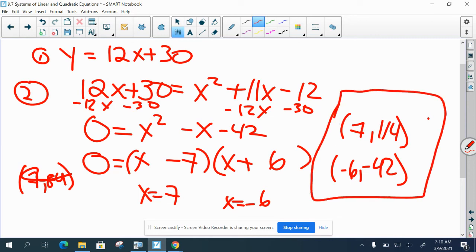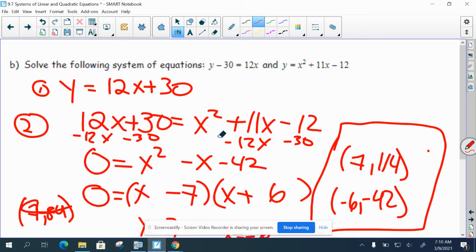And this would be a good example where you wouldn't want to use the graphing method. You would want to use this method because it's easier. And could you use elimination here? Sure, that would work.